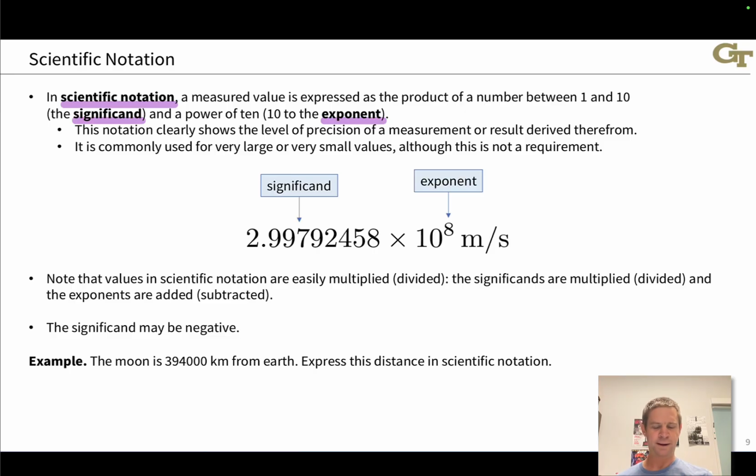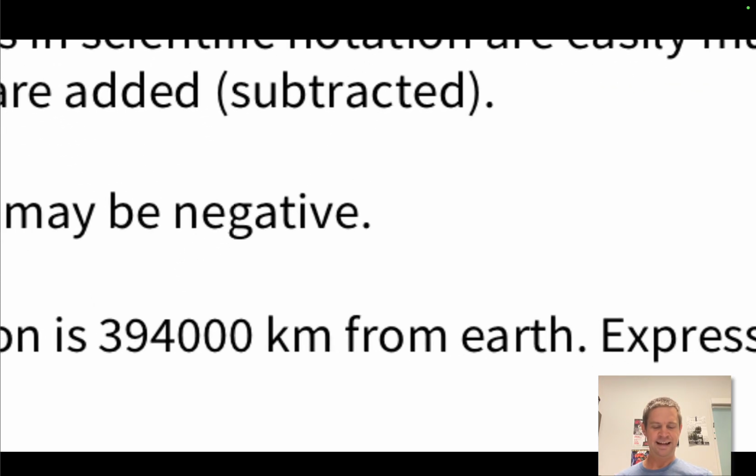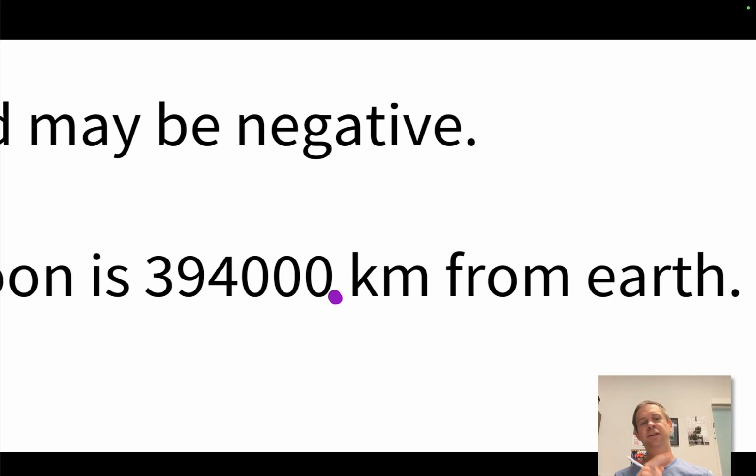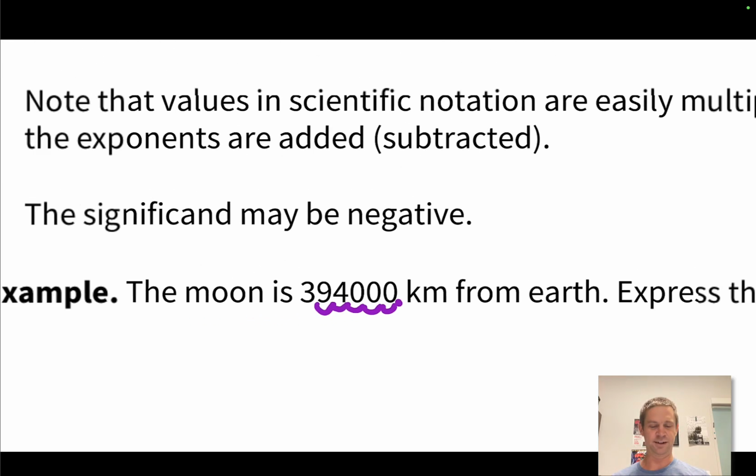The way to figure out the power of 10 is to locate the decimal point, and then count the number of steps we need to take to get just to the right of the leftmost number. So 1, 2, 3, 4, 5 steps were required to go from the initial decimal place to where we want it to be in the scientific notation.